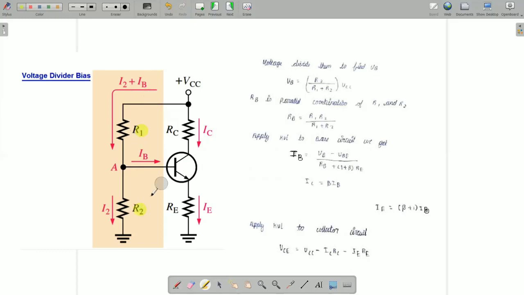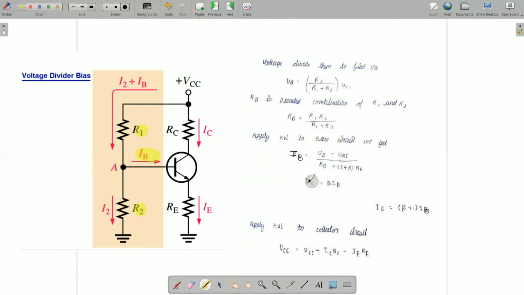The voltage drop across R2 forward biases the base emitter junction. This causes IB, and hence IC flows in the zero signal condition.